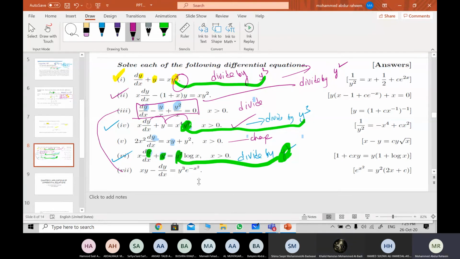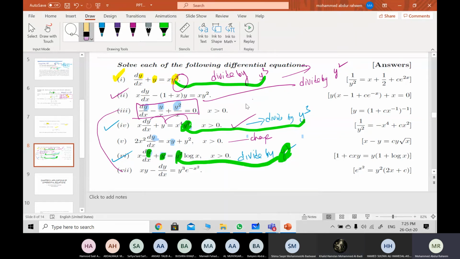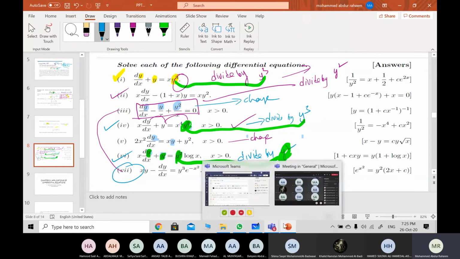But the third one, you don't need to change it first. Then you take y. Actually this is very easy, but we have to change it. I wrote it wrongly, a mistake. Sorry, Khalid. We need to change this to the standard form. Anyway, I'm doing this now.